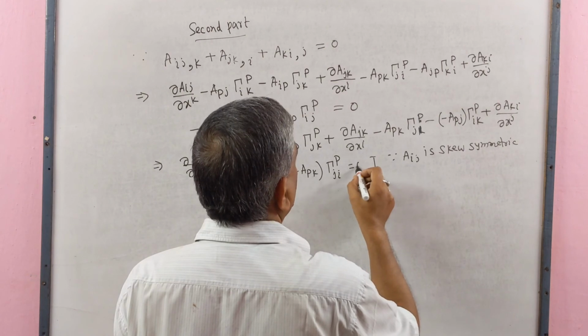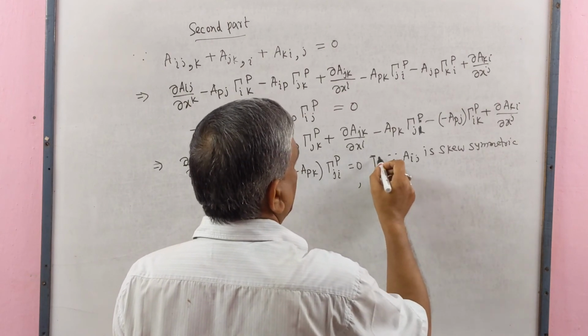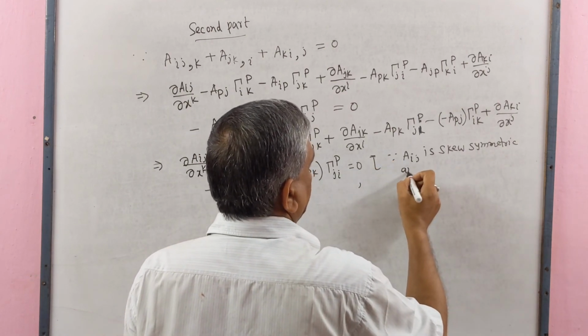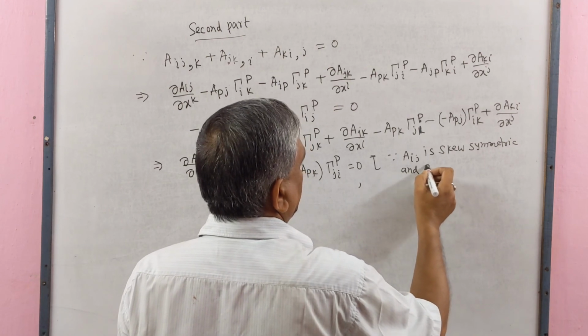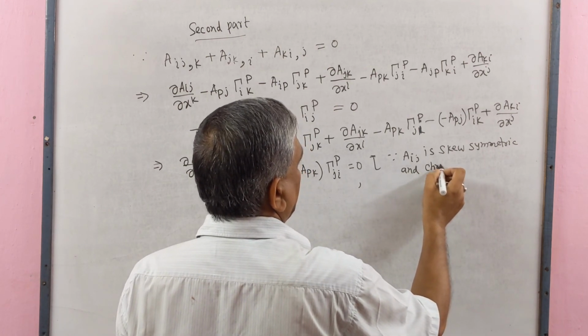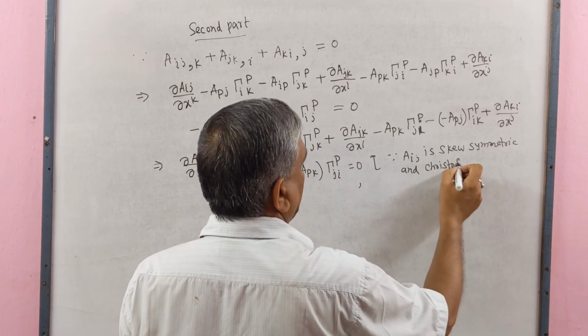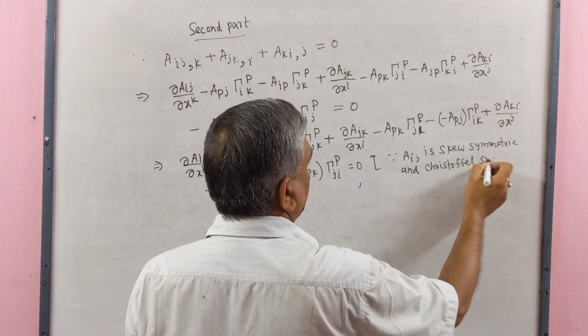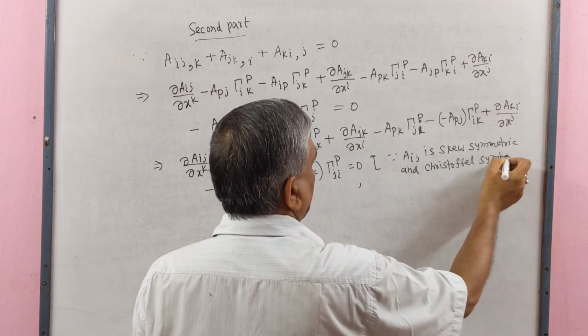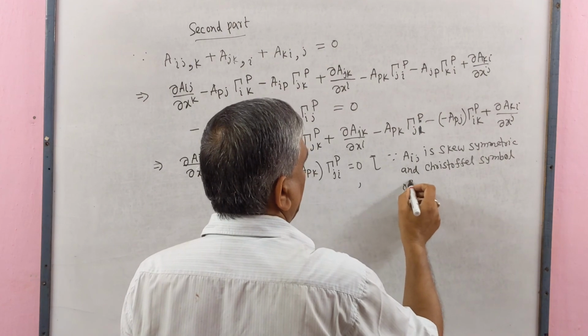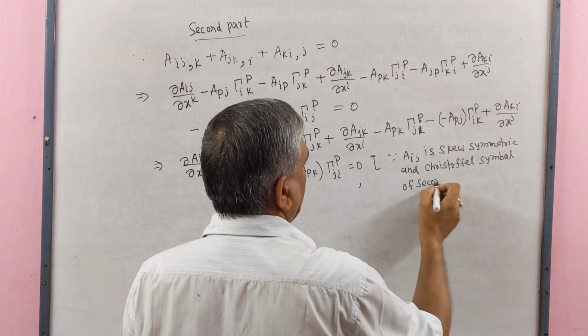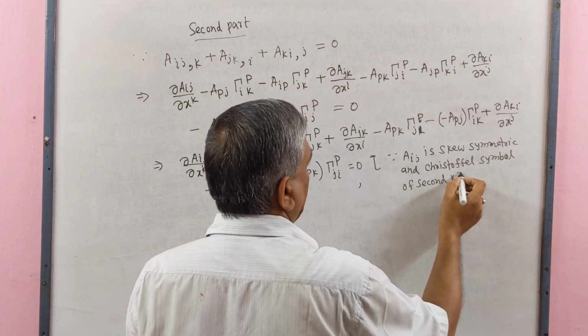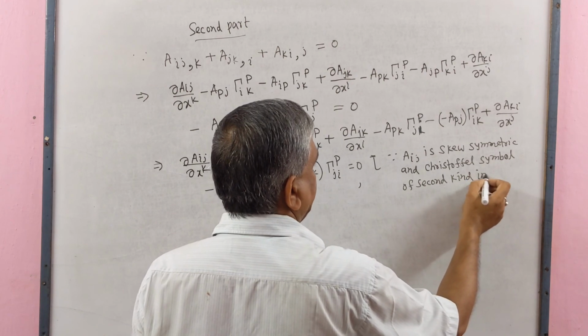And this is equal to 0 on the right side, and the Christoffel symbol of the second kind is symmetric.